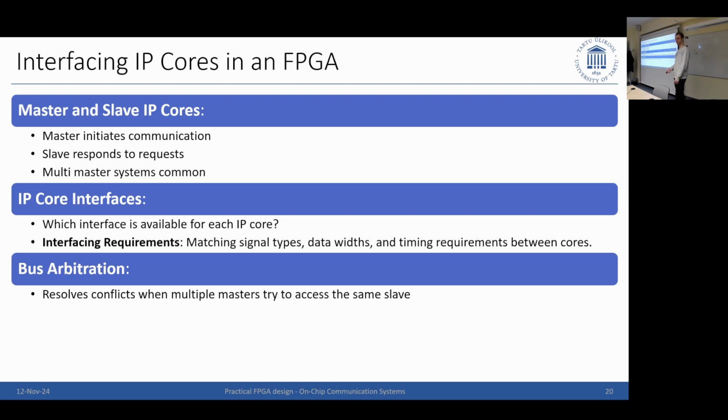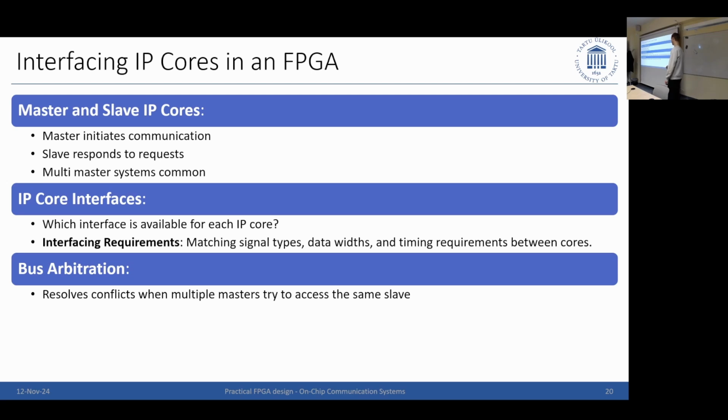Which bus systems do I have? Where do I want to have maybe split networks? Maybe I have a few AMBA 3 IP cores and some AMBA 4 IP cores, and then I can just split them in the communication. I have just one bridge in between them. So very commonly bridges are used between two communication systems to make them work with each other. So it's kind of a router between different communication protocols.